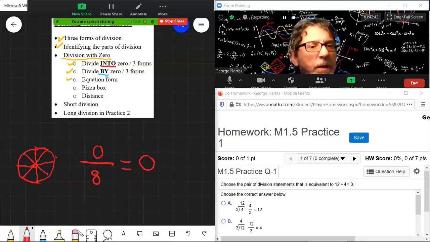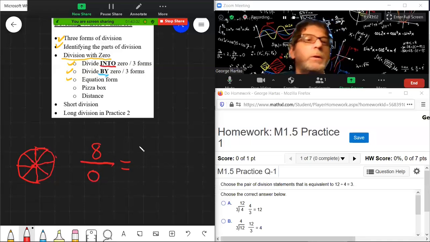Okay. Now, let's try something else. Remember, the fraction is part over the whole. Okay, part over the whole. All right. So, let's see if this makes any kind of sense, actually.